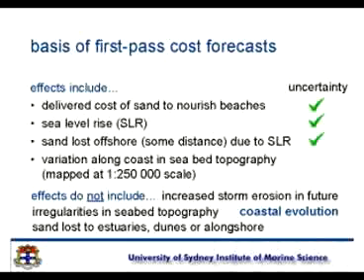But the effects in the current analysis haven't included things like increased storm erosion in the future, and the State Department of Environment and Climate Change and its various predecessors have been working extensively on this for a long time. Irregularities in seabed topography, it's arguable whether we need to know more for that. Maybe we do. Sand loss to estuaries, dunes and along shore, not included in this analysis. The analysis is simply addressing the effects of sea level rise.